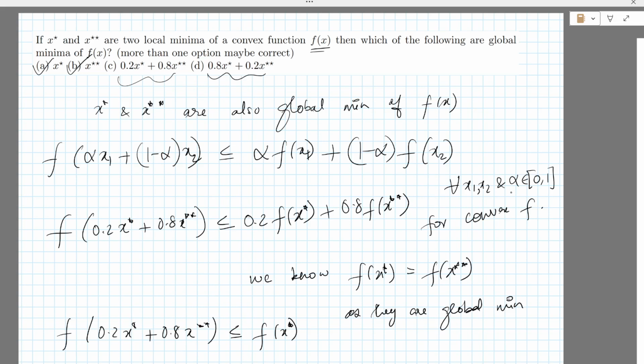Here, is one more condition there? Oh no, this is the only condition, because alpha plus 1 minus alpha is 1.